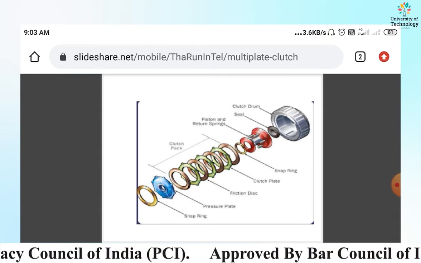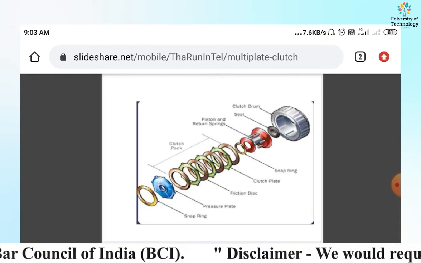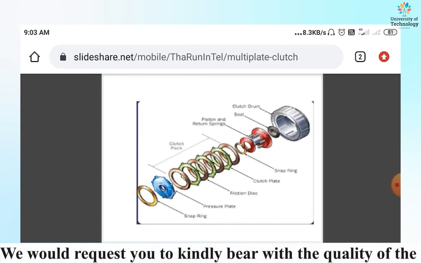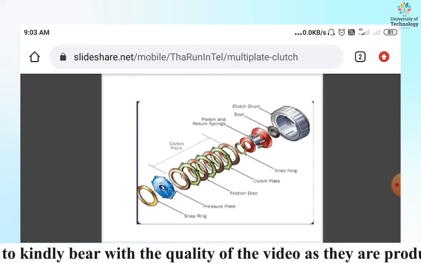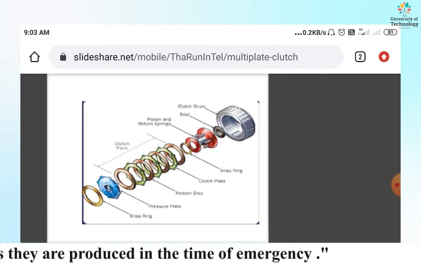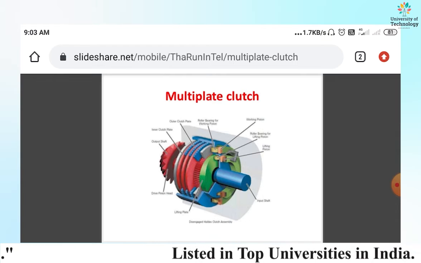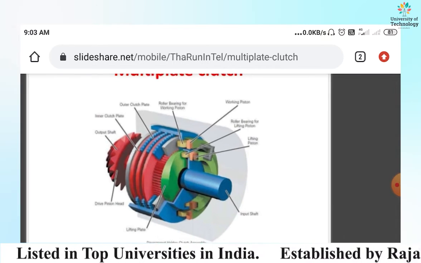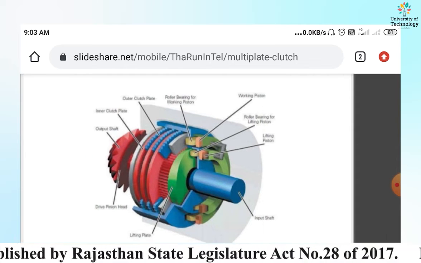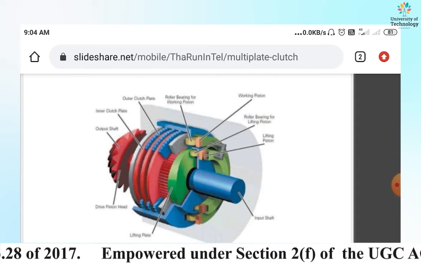This figure shows the ring, clutch drum, seal, and clutch package, and friction disc pressure plates. Different types of multiplate clutch are shown in this figure. Now a cut section of the multiplate clutch body is shown, and you can easily understand the multiplate clutch by seeing this figure.